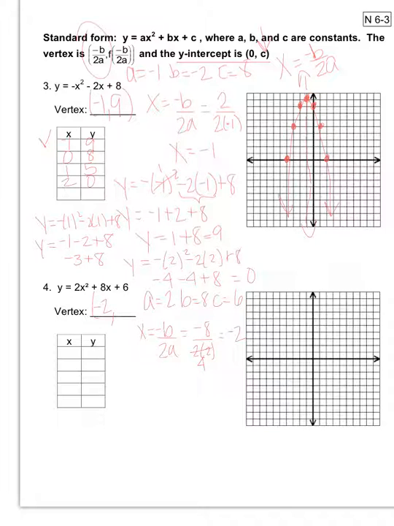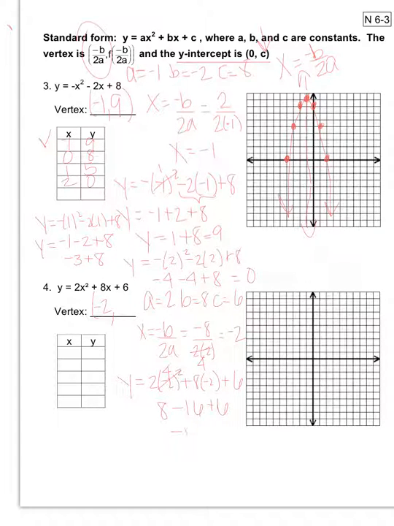To find the y value, you're going to plug it into your original equation. So y equals 2 times negative 2 squared plus 8 times negative 2 plus 6. So get rid of your exponent. That's going to give us 4 times 2, which is 8. That'll be minus 16 plus 6.